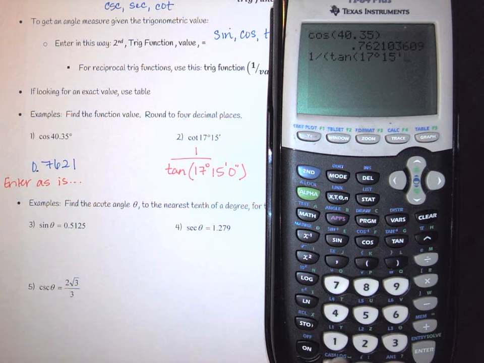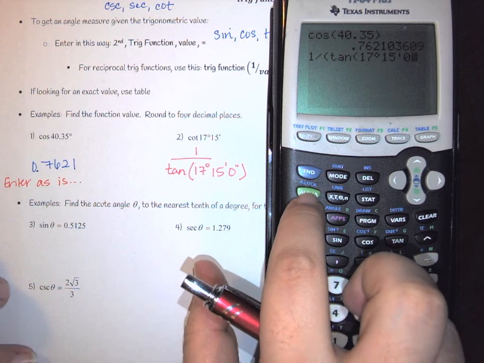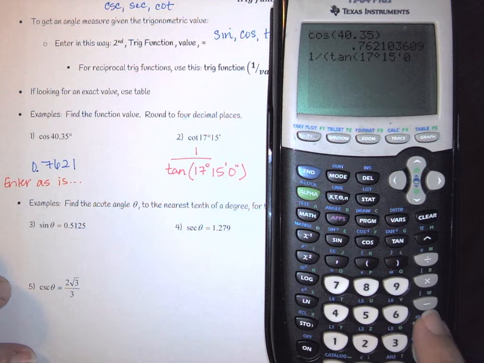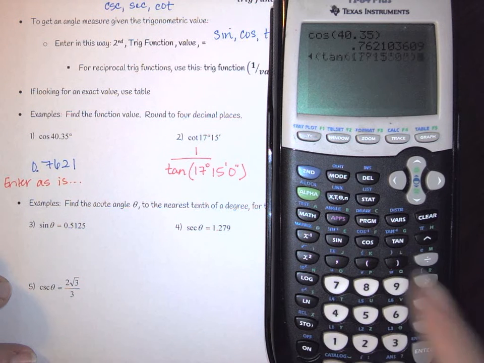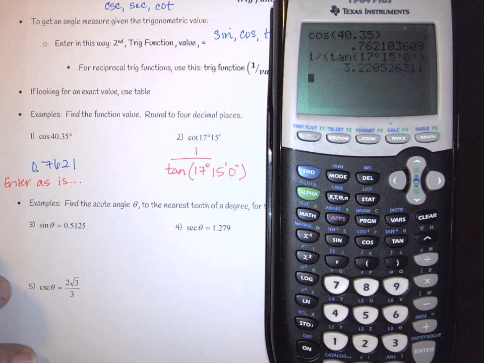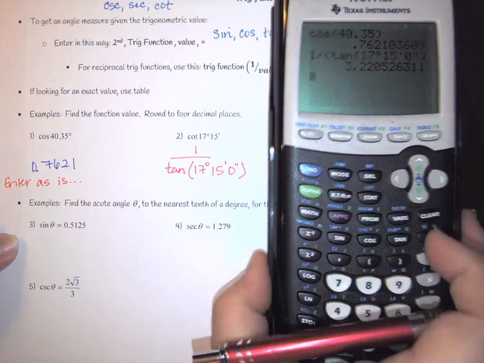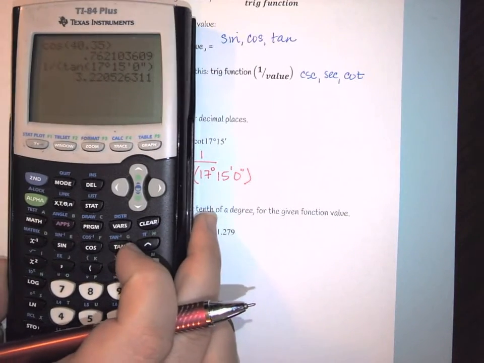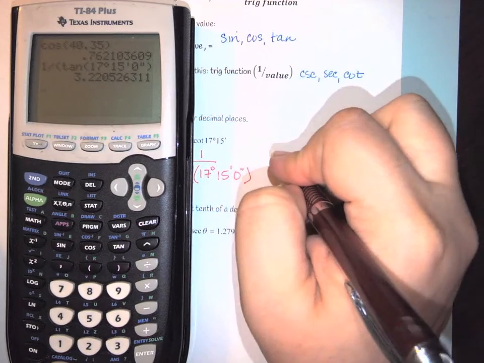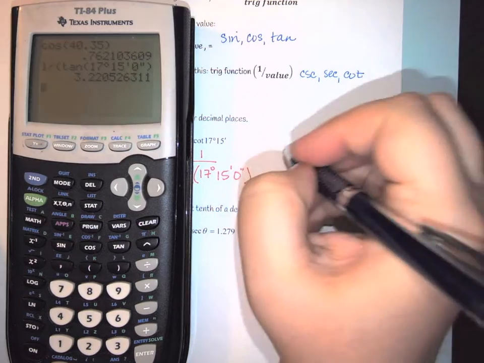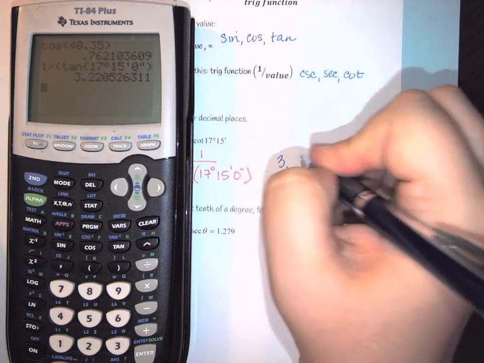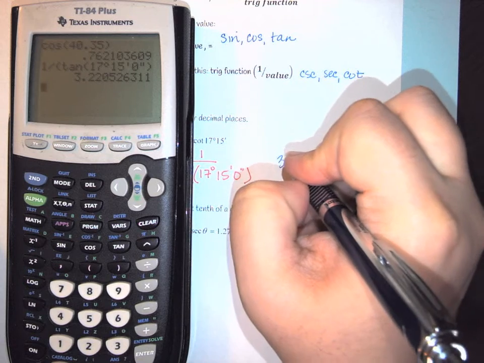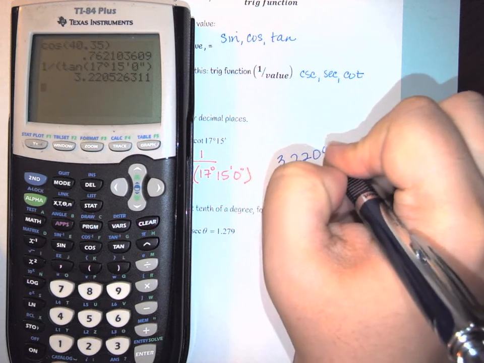And then we have 0 seconds, so remember your seconds is found over here on the plus sign. So we're going to use the green menu plus sign. We're going to close that parentheses and hit enter. Again, we're going to round to 4 decimal places, so in this case we have 3.2205.